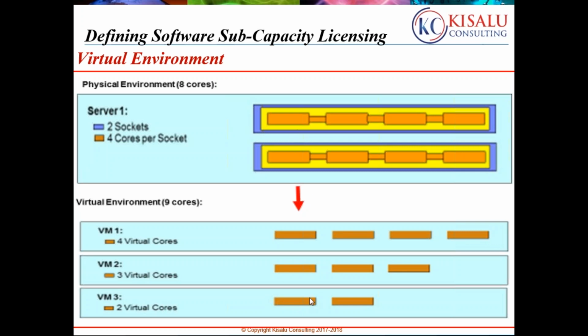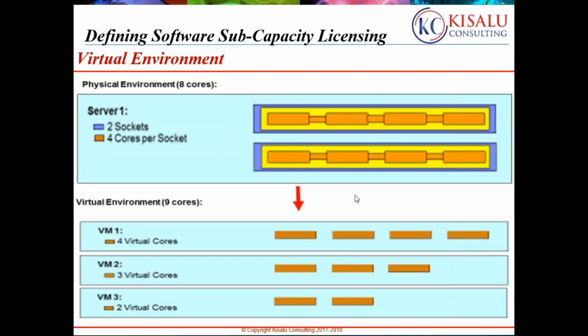Here we have 8 cores, but they can choose to run that software on 2 cores or 3 cores, or even run the software on the 3 machines, which now represent 9 cores instead of 8. So all those were the issues that were to be resolved in terms of licensing. Hence, they came up with the PVU scheme so that they can allow people to benefit from virtualization. At the same time, they will be able to track how people are using the licenses.